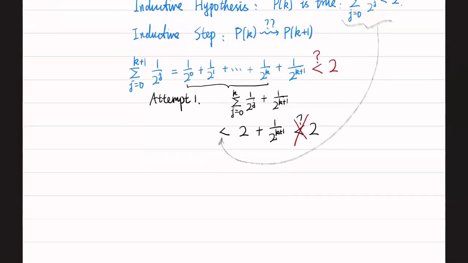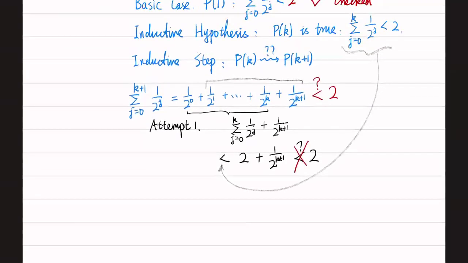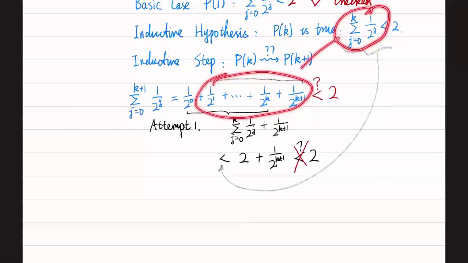So we will modify this. Instead of the first k terms, we will go with the second, the last k terms. Okay. Let's compare this with this. What's the difference and the similarity between them? Jessica, what do you think about this?